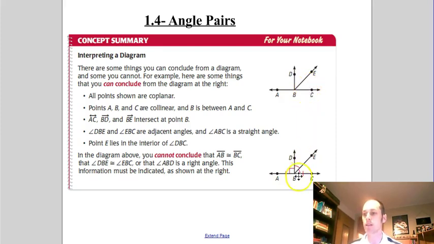The only way that we could show that is if these arc markings were there that show that those are congruent. And even though it looks like angle ABD is a right angle, we can't say for certain unless this marking is here. That box in the corner indicates a right angle. So never assume anything in diagrams unless the information is given to you.